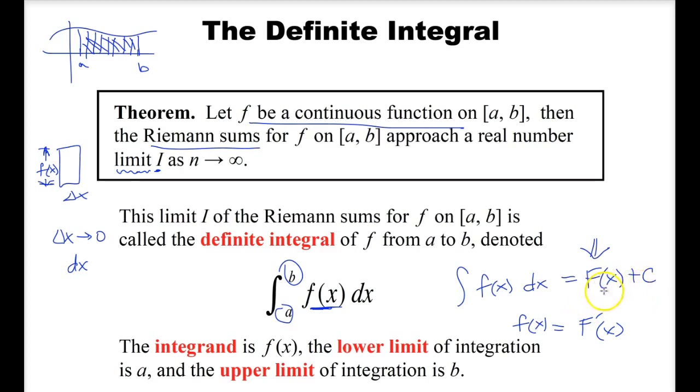And so you don't know which one you're talking about, so you have to add a constant to say that this family of curves satisfies getting the antiderivative. Whereas here, we have a specific antiderivative that's going to work for it. We know that because the limits of integration force us to find out which particular one we are talking about. All right, so let's move on here.